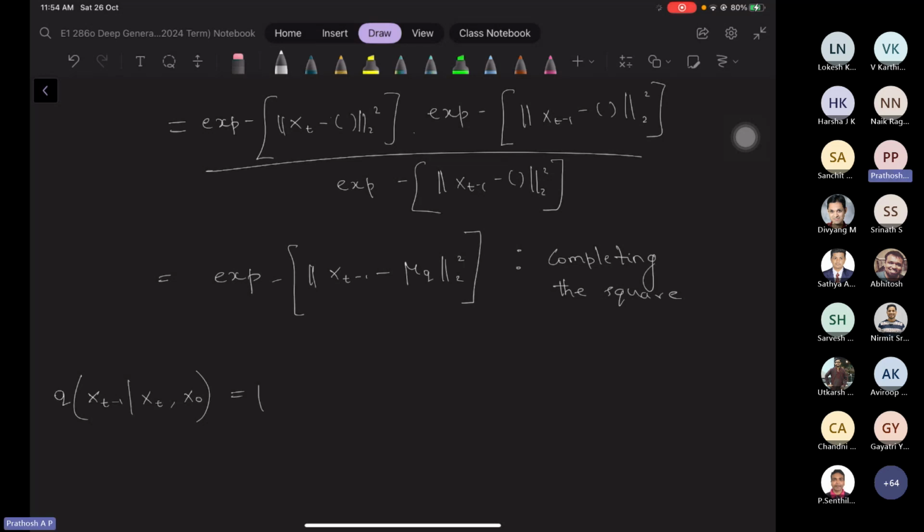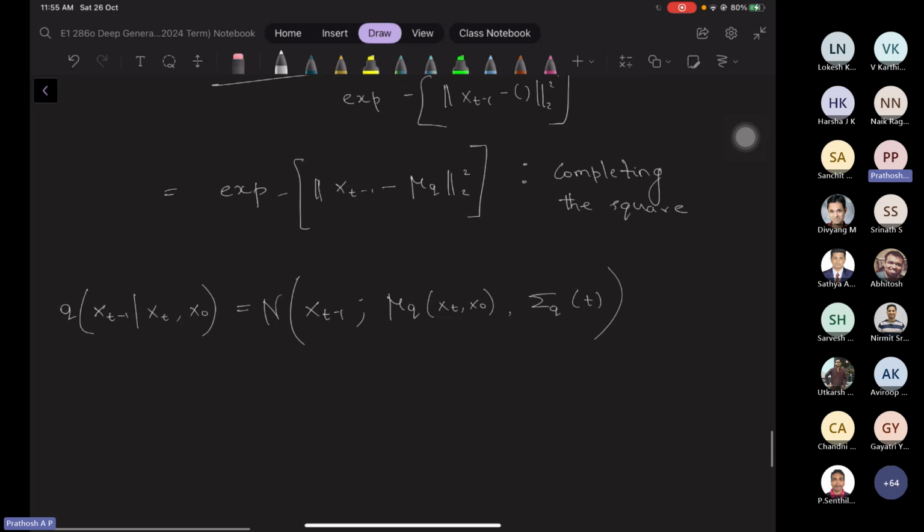The distribution is over xt minus 1. The mean, let's call it mu q, will be a function of xt and x naught because these are conditioned on xt and x naught, and there will be some variance, call it sigma q. This will only be a function of t or alpha t. It will be independent of this thing. I'll write down what these are.